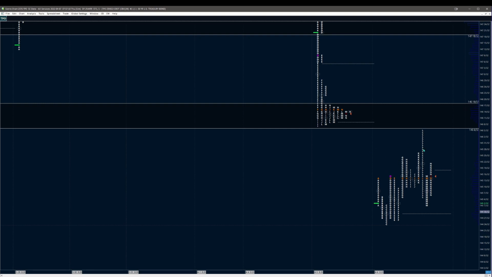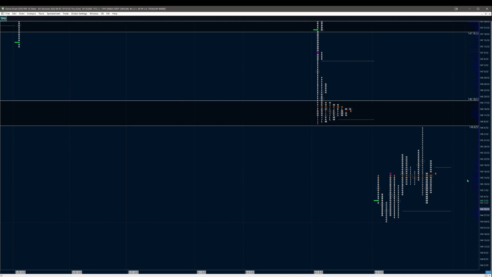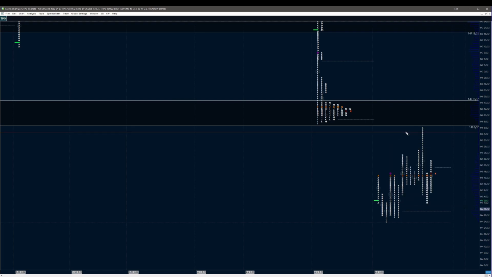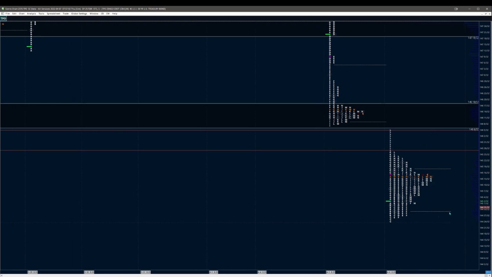So knowing that we attempted higher to get maybe back into this node of time and volume, we can maybe come into the session on the following day, and if prices are unable to trade past this point, we have probabilities of trading lower, if not just chopping more into this zone.